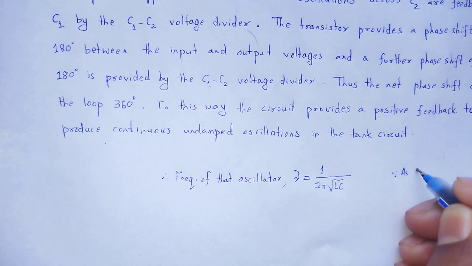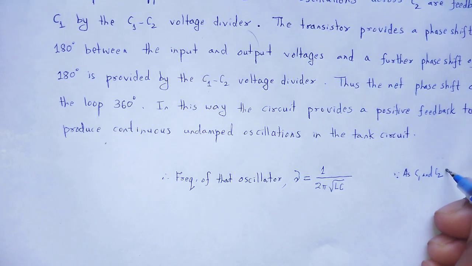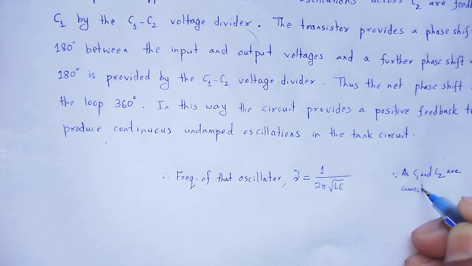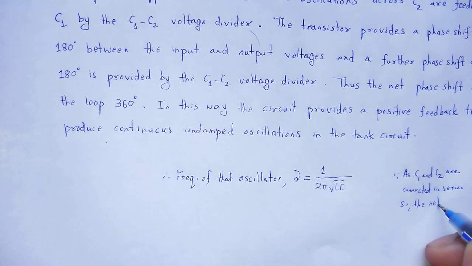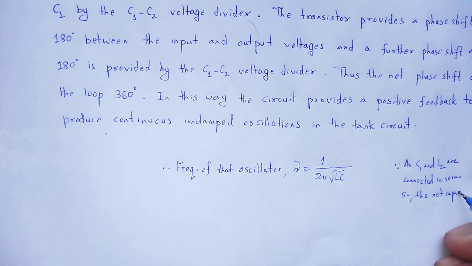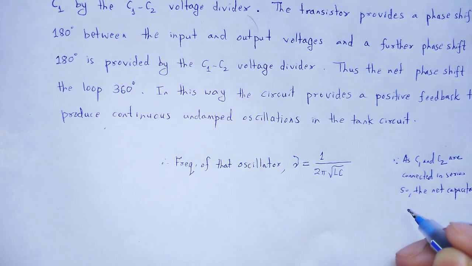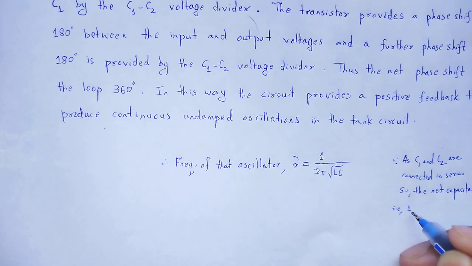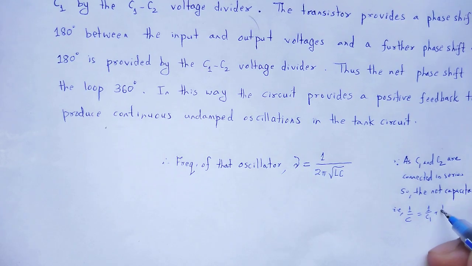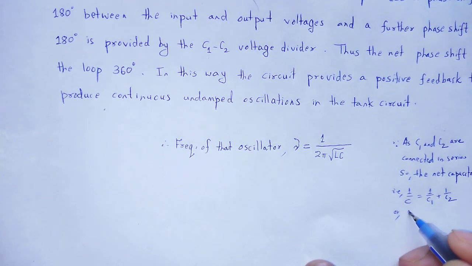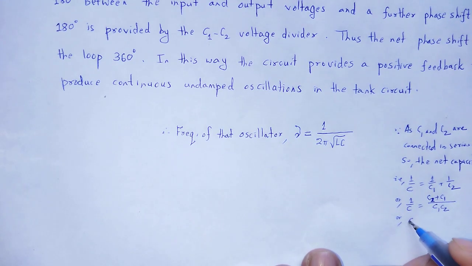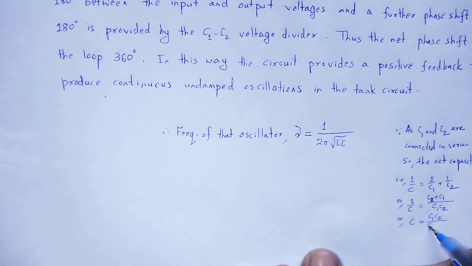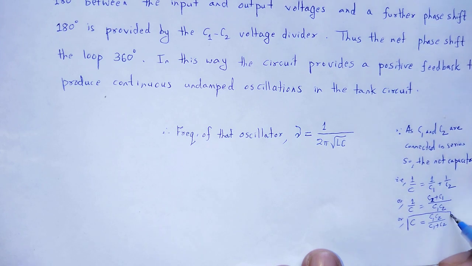Therefore as C1 and C2 are connected in series, so the net capacitance, that is 1 by C is equal to 1 by C1 plus 1 by C2, or 1 by C is equal to, taking LCM, C1 plus C2 divided by C1 C2, or net capacitance C is equal to C1 C2 divided by C1 plus C2.